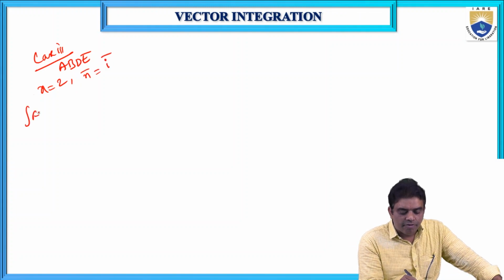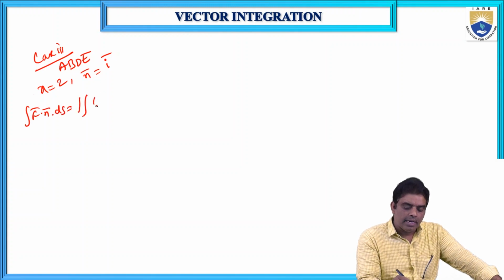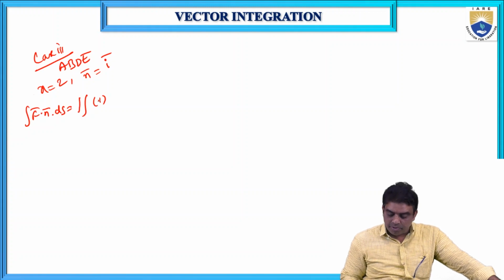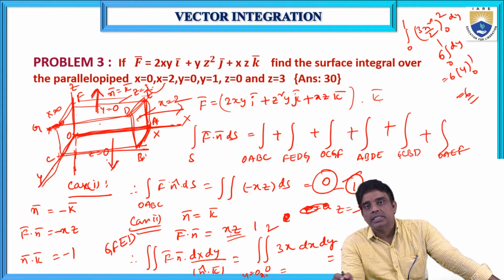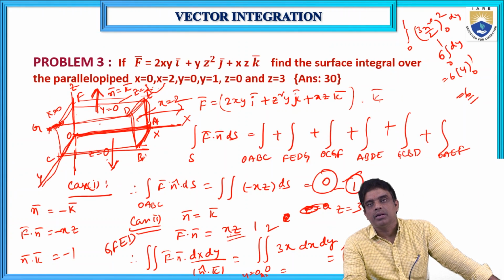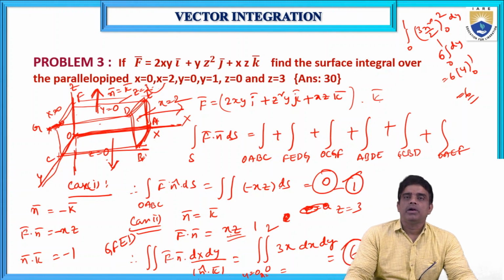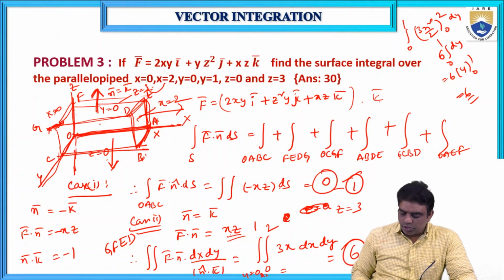So integral F bar dot n bar dS is equal to double integral F bar dot n bar. What is F bar? F bar is the given function 2xy i bar plus yz square j bar plus xz k bar, dot product with i bar. So you will get 2xy only.